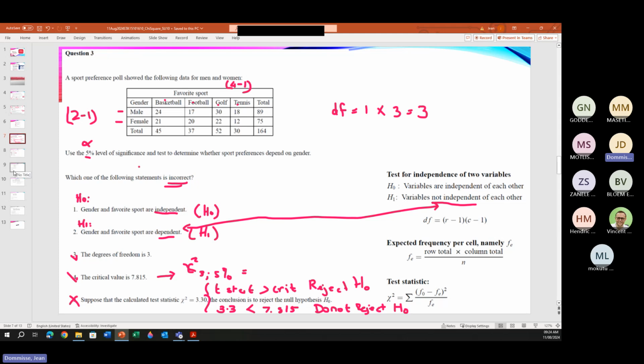We could have had the same table with provinces and then said there might be differences in favorite sports according to 4 or 5 different provinces that you live in South Africa. So with chi-square, we're looking at the data to say, are there differences in the variables within the data?